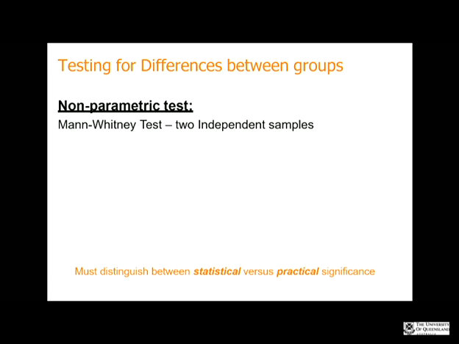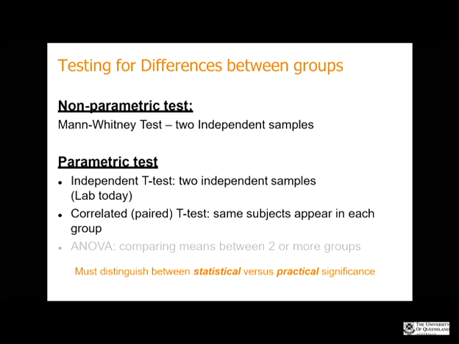That's what you're doing in the prac this week. And then we have a parametric test, and in the prac this week I got you to compare the Mann-Whitney and the independent t-test, which is parametric, and this says lab today, it should say next week. The parametric test is meant to be done when the data is normally distributed. That's the assumption that's going on.